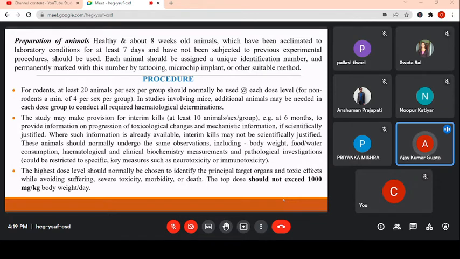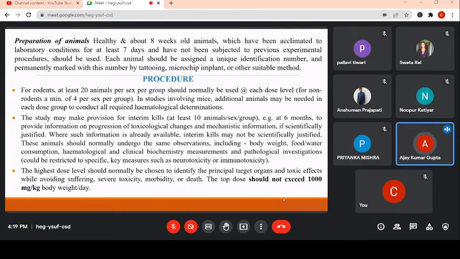The second point of the procedure states that the study may make provision for interim kills, at least 10 animals per sex per group, as already stated earlier in the principle. For example, at 6 months, to provide information on progression of toxicological changes and mechanistic information, if scientifically justified or if taking place in the animals because of the testing agent, chemical or pharmacological agents.